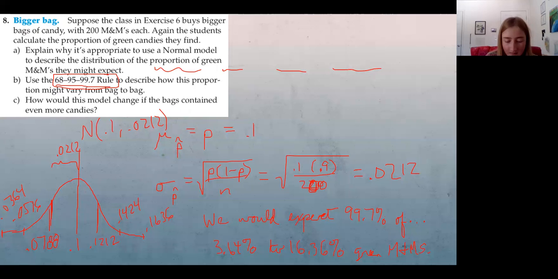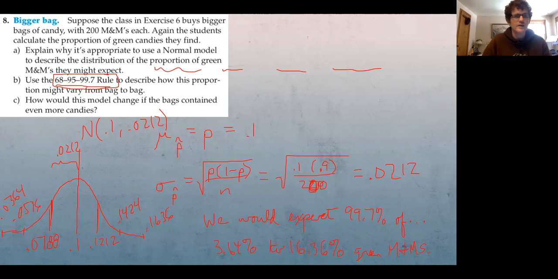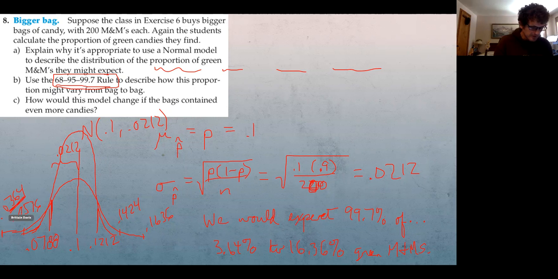Exactly. So the same idea in a different way is our standard deviation would get smaller and smaller, which would mean it would pull all those values closer and closer into the mean. So if we had even more, let's say there were 1,000 candies in this, we would expect our distribution to look more like this. And we could calculate what that standard deviation would be, but at that point, this range going from 3.5% up to 16.5% would be shrunk down greatly.